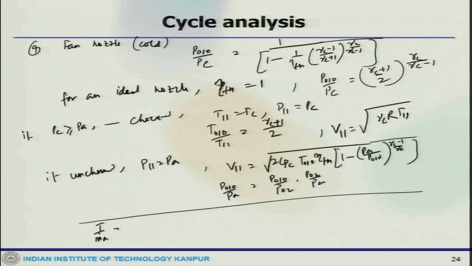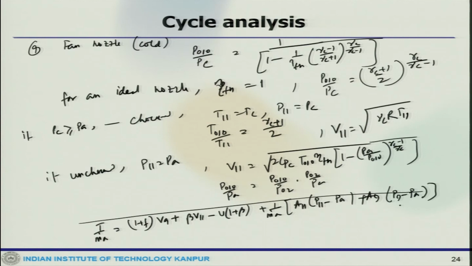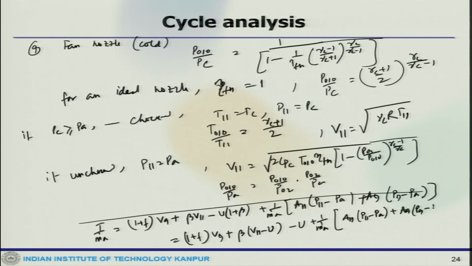The specific thrust will have (1 + f) V9 + beta V11 - U (1 + beta), divided by m dot, plus A11 (P11 - Pa) + A9 (P9 - Pa), which one can write as (1 + f) V9 + beta V11 - U, divided by m dot, plus A11 (P11 - Pa) + A9 (P9 - Pa).